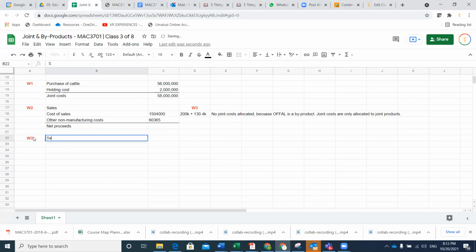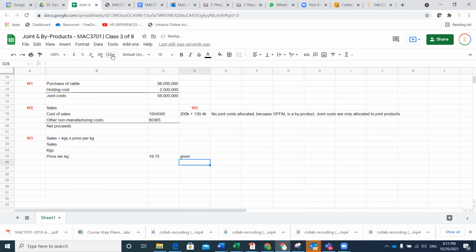Working 3 is basically sales equals kgs times price per kg. Okay, so therefore sales is kgs and then price per kg. Now we know price per kg is 19.75. I'm just going to tell you that is given.